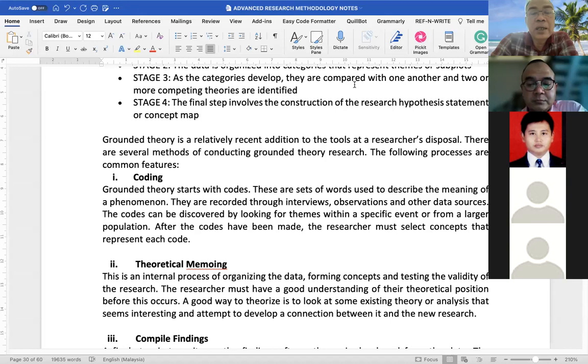So the codes to be used depend on the data. All right. I'll give you another example. So if the respondents, through the interviews, say that paying zakat is a religious obligation, if we don't pay zakat, we'll be punished in the hereafter.